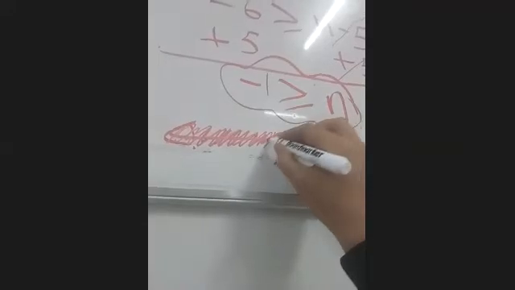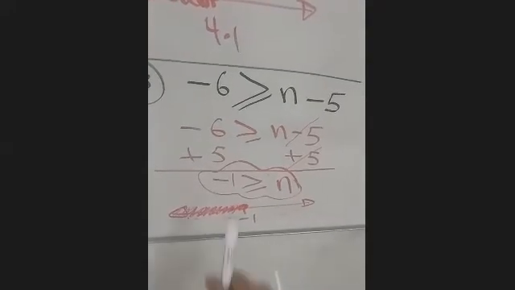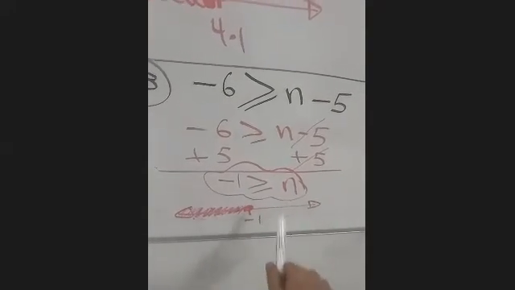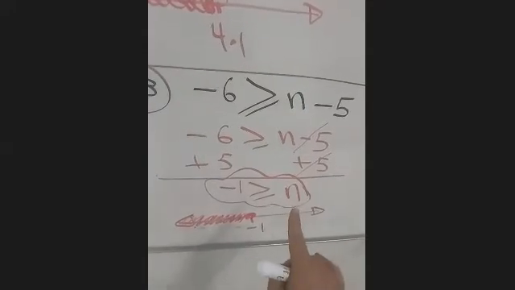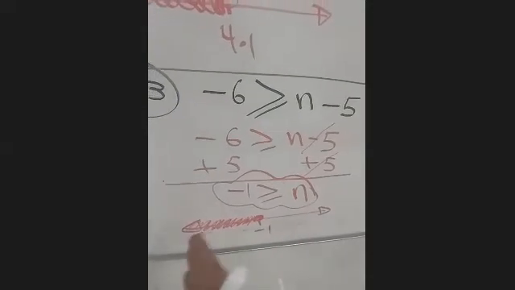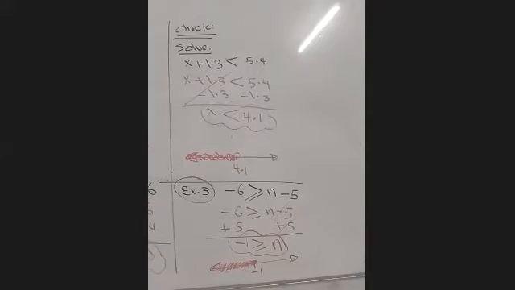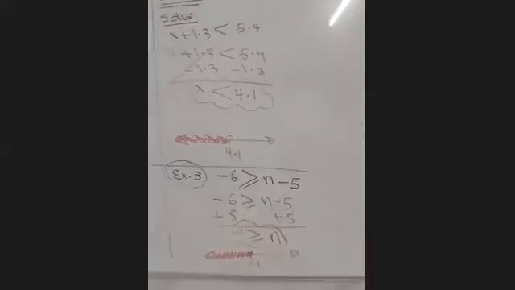Be careful of this idea, guys. Don't say minus 1 more than or equal n, because more than means you will go to the right, which is wrong. You always read it from the variable. n less than or equal minus 1, and less than means the left, not the right. Do you understand it? Yes. Good boy. This is example 3.